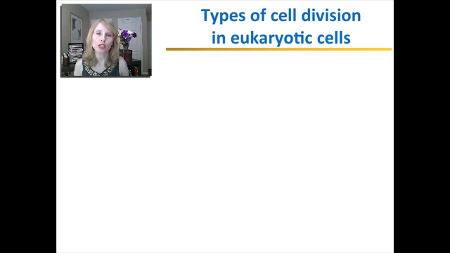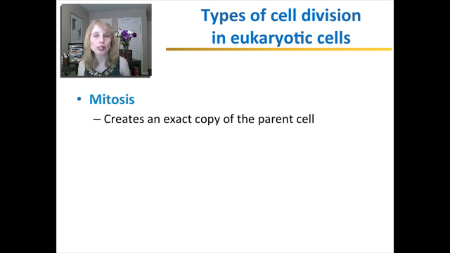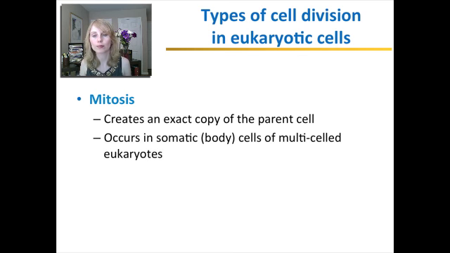There are two major types of cell division in eukaryotic cells. The first one is mitosis. This is the one that this lesson will focus on. Mitosis creates an exact copy of the parent cell, of the original cell. The two new cells that are created are exactly the same as the original. In multicellular organisms, it occurs in the somatic cells.